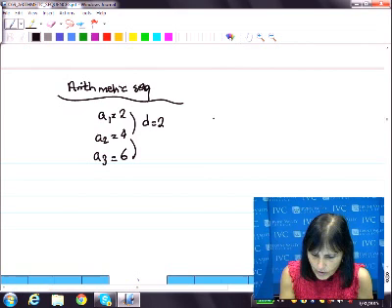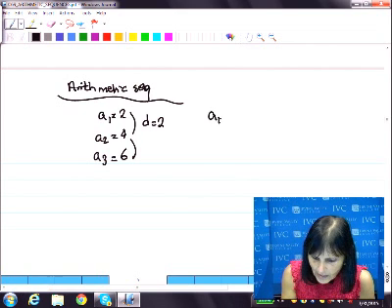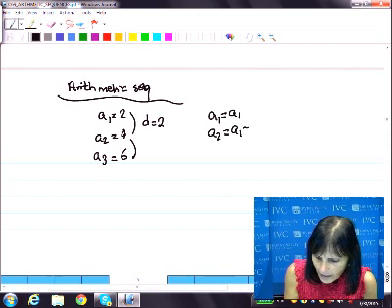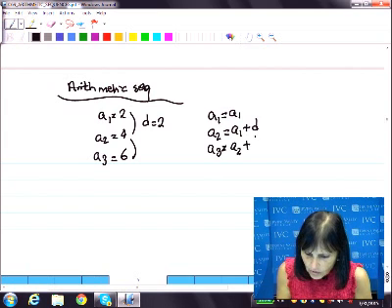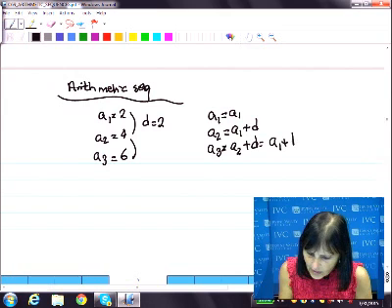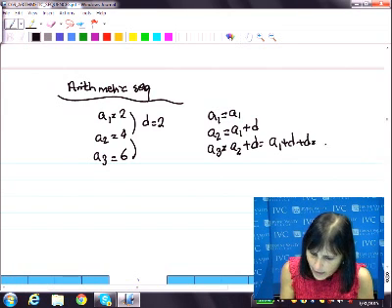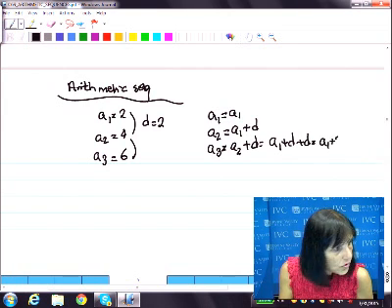Okay, so in other words, I have this situation. A1 is A1. A2 is obtained by adding D to the A1. A3 is obtained by adding D to the A2, and A2 happens to be A1 plus D, so that gives me A1 plus 2D.